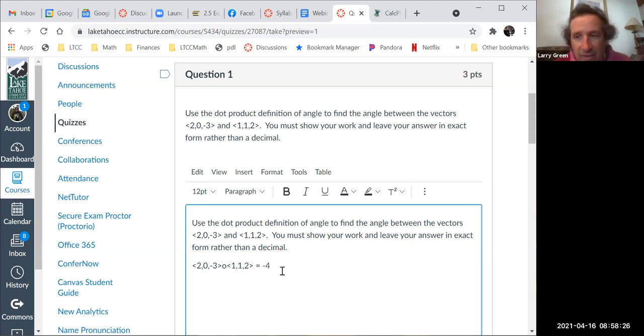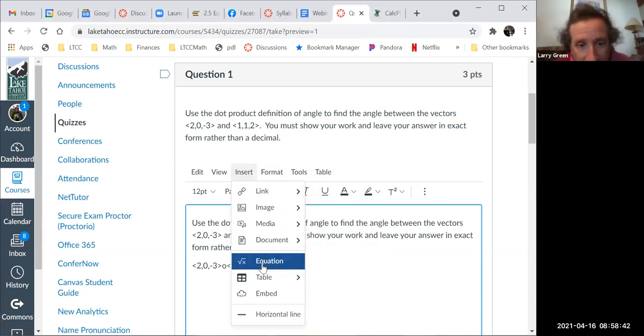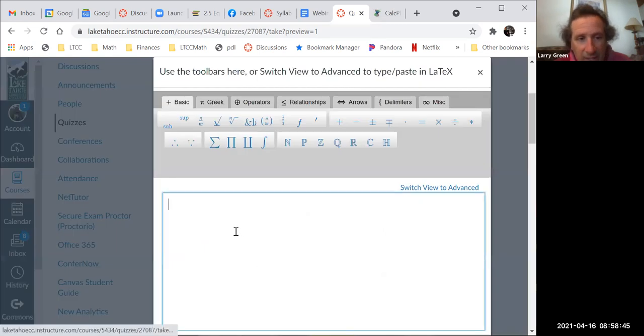Any questions so far? Okay, then we need the magnitude of 2, 0, -3. I probably want to use prettier notation on this one just because it's nicer, but you can go either way. So the magnitude of 2, 0, -3.